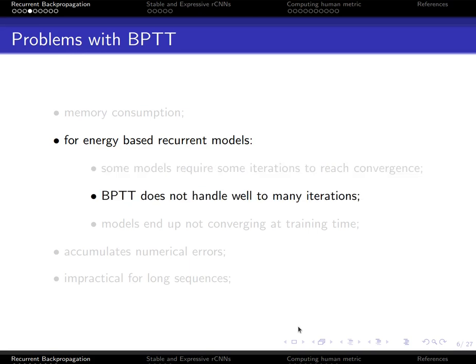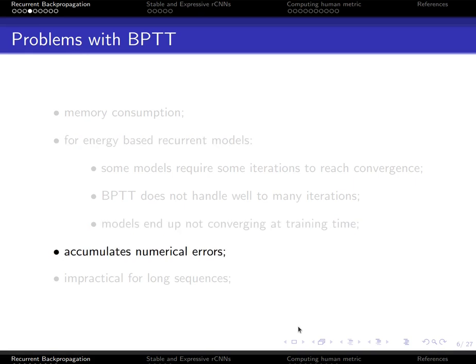Backpropagation through time does not handle too many iterations well, since it occupies too much memory, and the models may not converge at training time, because if we do not have a GPU that fits this computation, we may not have the necessary iterations to correctly optimize our model.